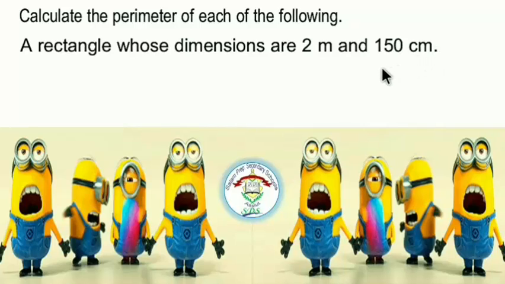We can't calculate the perimeter of a rectangle with these units. We have to make these units the same. It's preferred to convert from the bigger to the smaller. So 2 meter equals 200 centimeter.